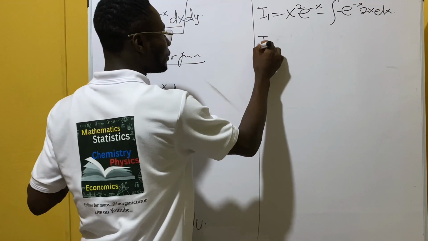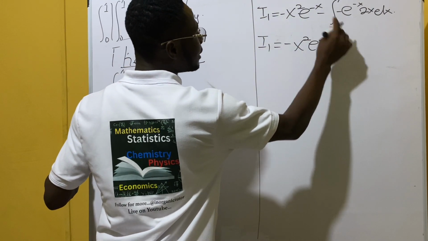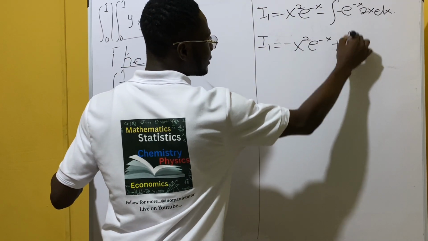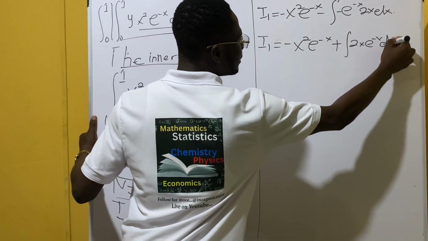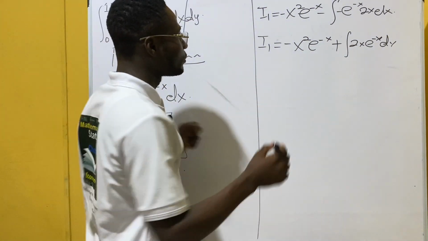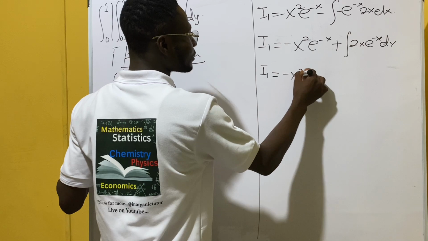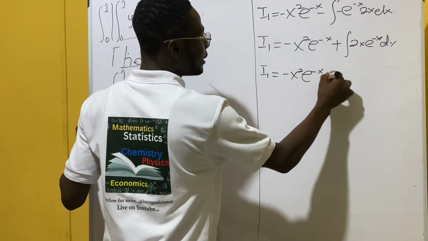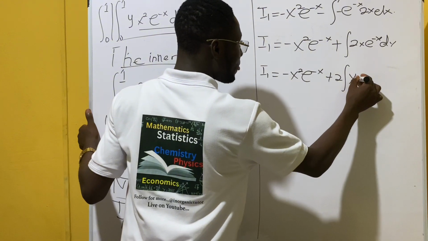So we have negative x squared e power negative x plus 2x e power negative x dx. We bring the 2 out, which is the constant. So we have negative x squared e power negative x plus 2 times the integral of x e power negative x dx.